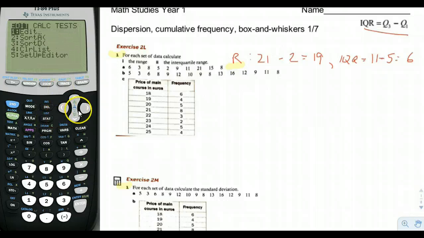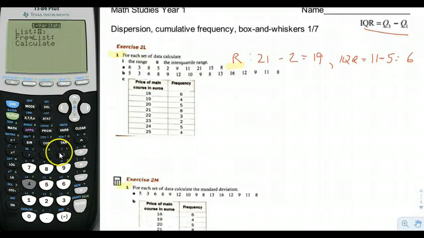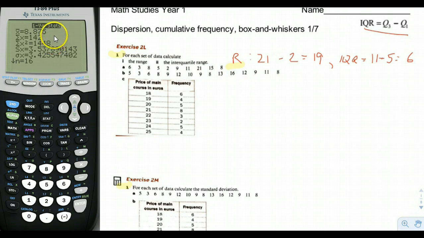Again, we use stat calc, and we need to put the L4 list in for the list, and then we go down to calculate. No frequency list is specified because this is not a frequency table, it's just a list. We go down to find the min, the max, Q1, and Q3.